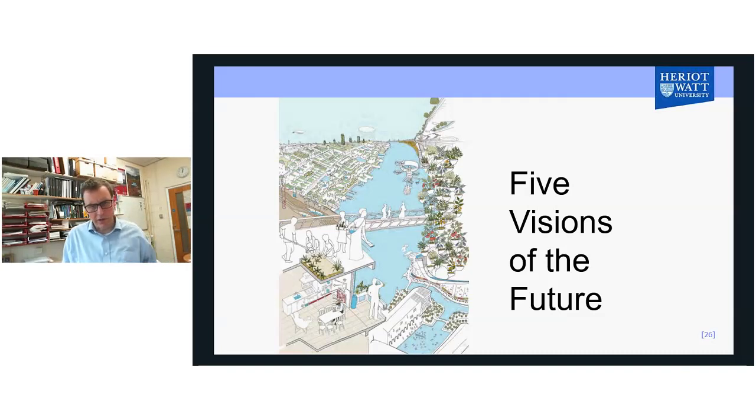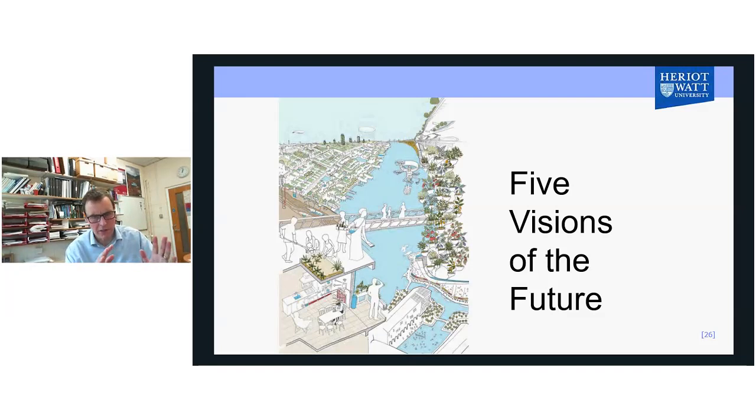So what I'm going to run through here is work done, I think in 2015, which looked at 5 alternative visions for the future in terms of water supply and economic development, how we develop as a society. What's important here is that these are visions of the future.